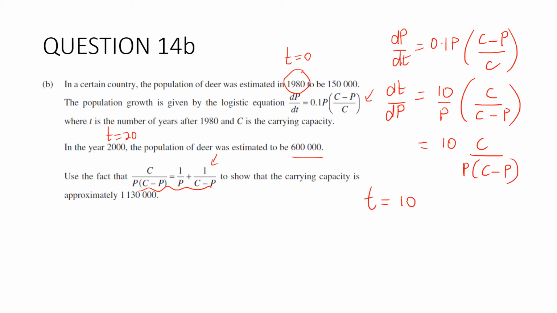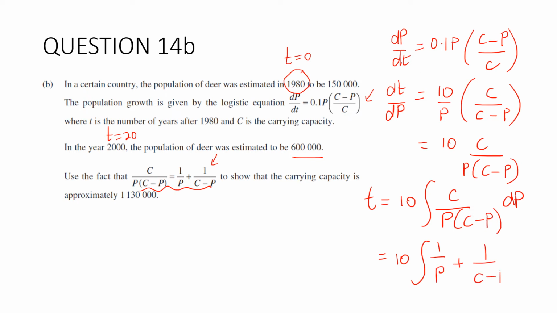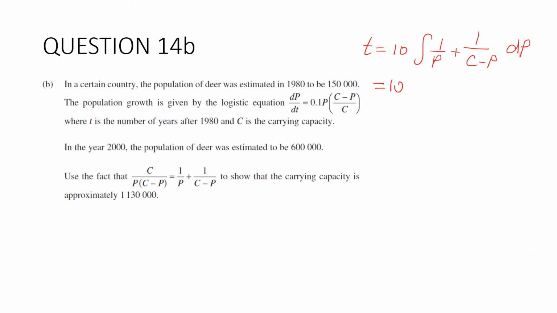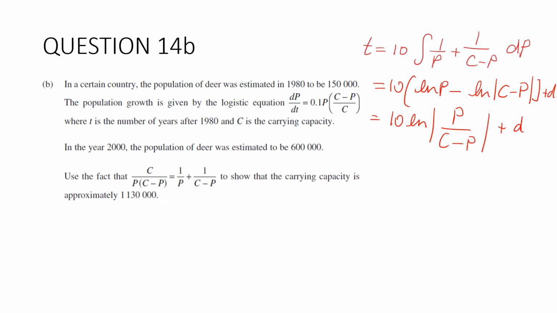t equals 10 integral of C on P(C minus P) dP, which equals 10 integral of 1 on P plus 1 on C minus P dP, which equals 10 ln P minus ln (C minus P) plus, let's use D for the constant, which equals 10 ln P over (C minus P) plus D. Now at t equals 0, the population is 150,000.